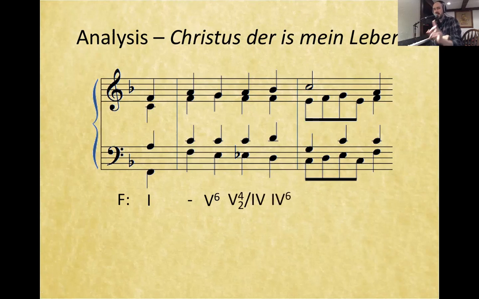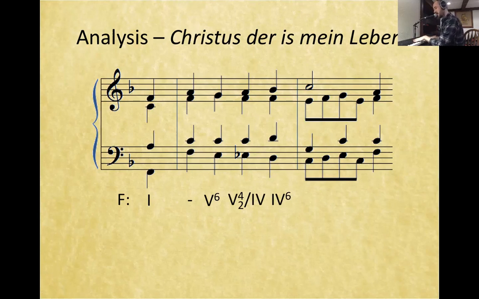But that's not the last thing I want to talk about with this. It's the inversion as well, because it's not just any 5 of 4. We have the 7th of this chord, F, A, C, E flat, right? Root, 3rd, 5th, 7th in the bass. And when the 7th is in the bass, that makes it a 4/2 chord.